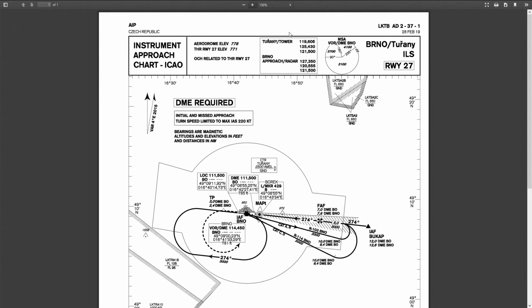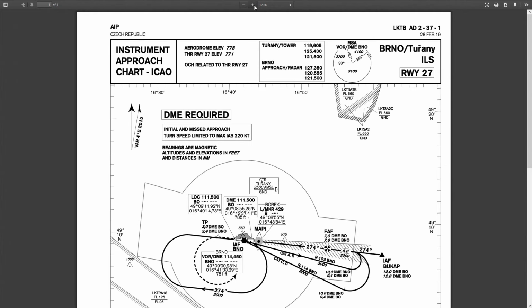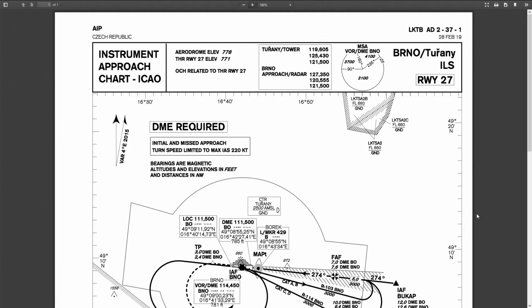Then under that you have the table. The big name is the approach chart. Then you have the aerodrome elevation, and the important thing, the threshold elevation, because from the threshold elevation of runway 27 the obstacle clearance height is computed. So the aerodrome elevation is 778, the threshold is 771?